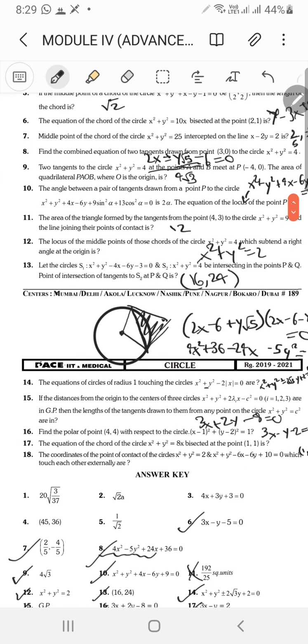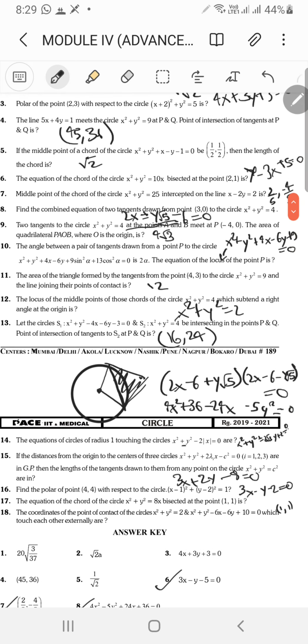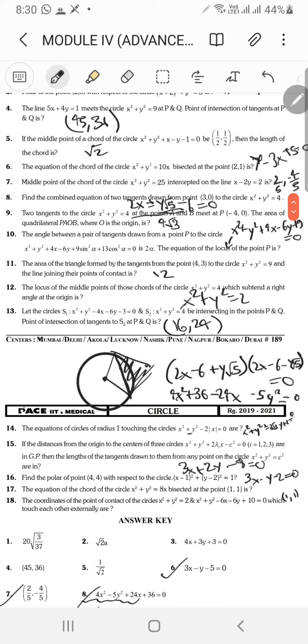5th, wait a second, length of the chord is... why is this 1 upon square root 2? We were asked the length of the chord, isn't it? The middle point, so the center of this should be minus 1 upon 2 comma 1 upon 2. So that distance is 1, right?